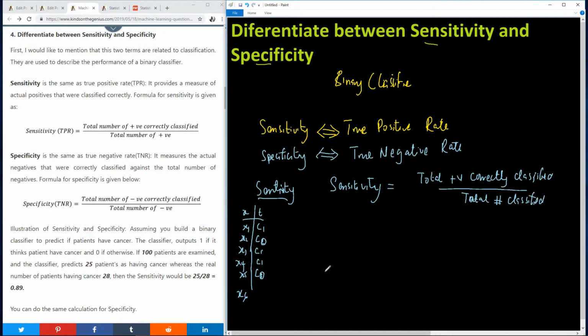All right, so let's say we have new data points X6, X7, X8, all the way to XN. Now your classifier has classified N items. Let's say N is equal to 28 items classified, and it correctly classifies 25, and it fails in classifying 3.